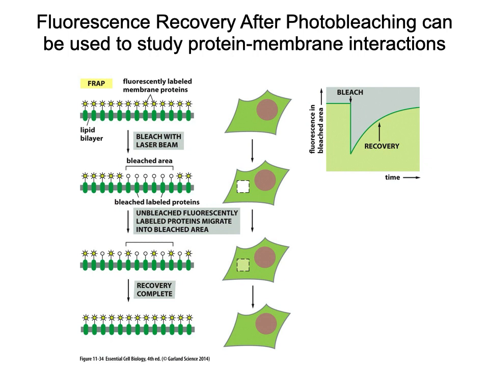Traditionally, FRAP is looked at for the plasma membrane. So we'd have these proteins of interest with the fluorescent labels in the plasma membrane. We would then take our laser beam and focus it in on an area, so we would end up damaging, bleaching those fluorescently labeled proteins.